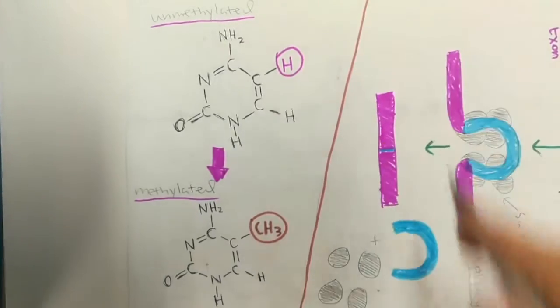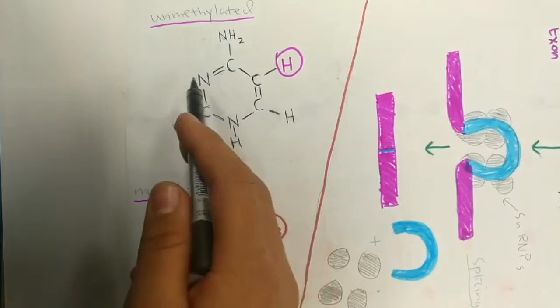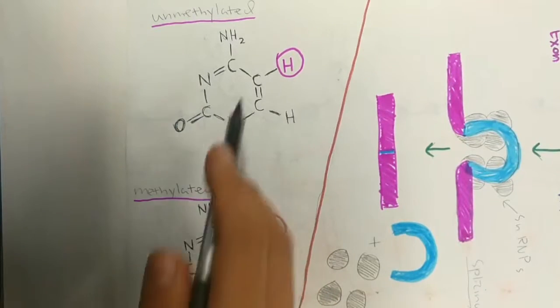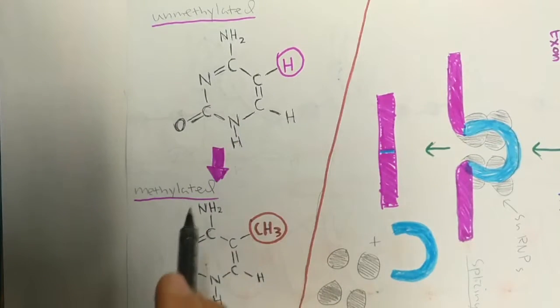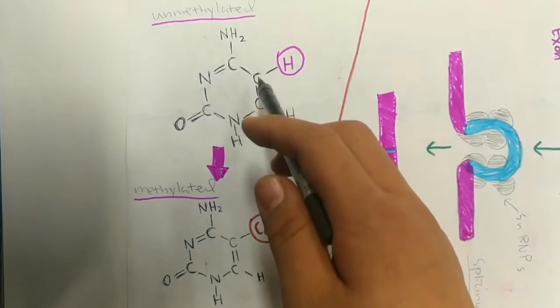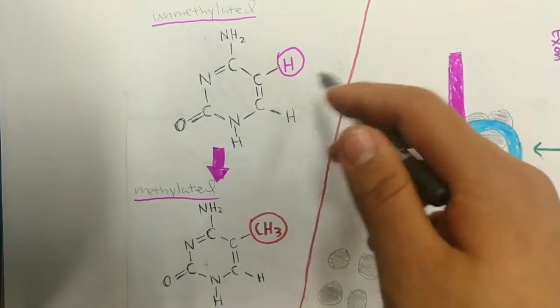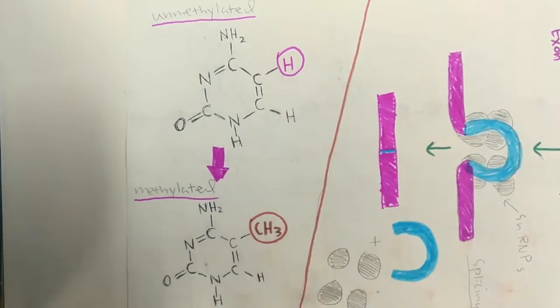Here is a detailed explanation of the methylation of cytosines. There is a loop of nitrogen and carbon in the cytosine, and before it is methylated, this carbon binds with a hydrogen and forms a single covalent bond.